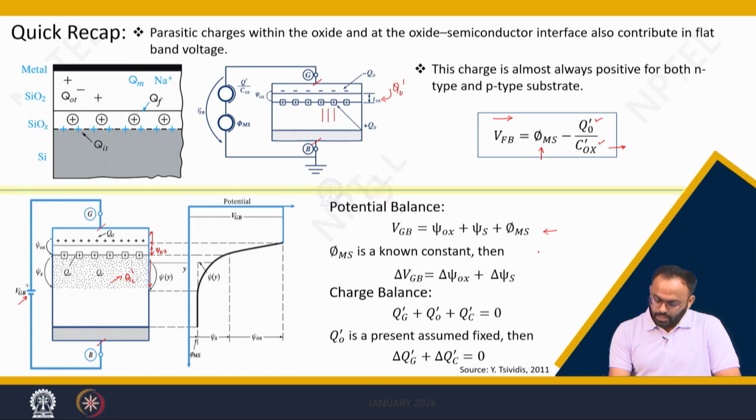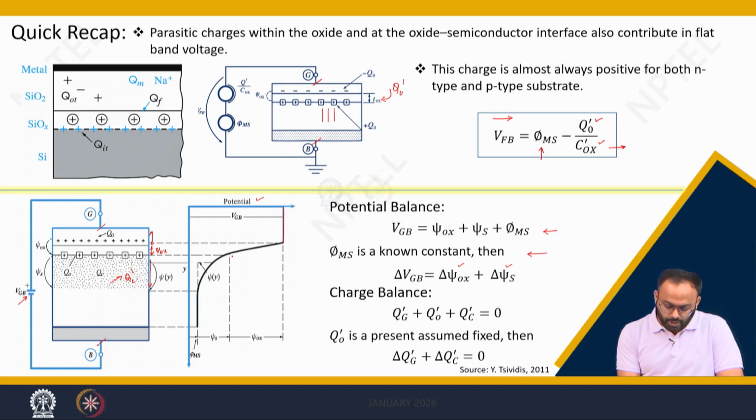We have also seen what the change in gate voltage will be. The change in gate voltage is reflected across the change in oxide potential and the change in surface potential. For example, you are applying a potential VGB. This VGB is constant throughout the metal, considering it is an equipotential surface.